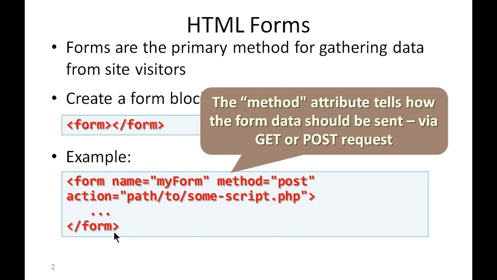The method is nothing but an attribute that tells how the form data should be sent via get or post request. So these are the two requests using which the form data is posted to some location.